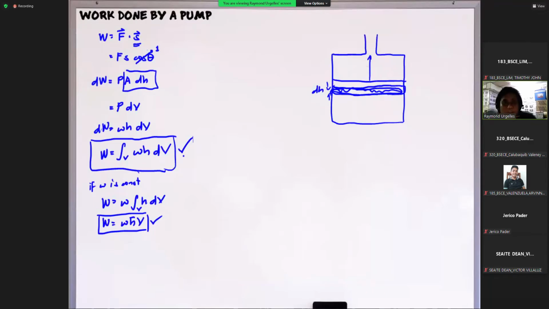At least sa REE, bihira ako makakita ng problem na three-dimensional, especially pagdating sa integration. Kung meron mang lumalabas sa board exam, usually nasa less than 2% or less than 3%. Kaya mababa lang yung chance. Kaya mas pinipili ko na yung way na konti lang yung kailangan kong memoryahin, pero kaya ko pa rin i-solve yung problem in case na kailanganin.